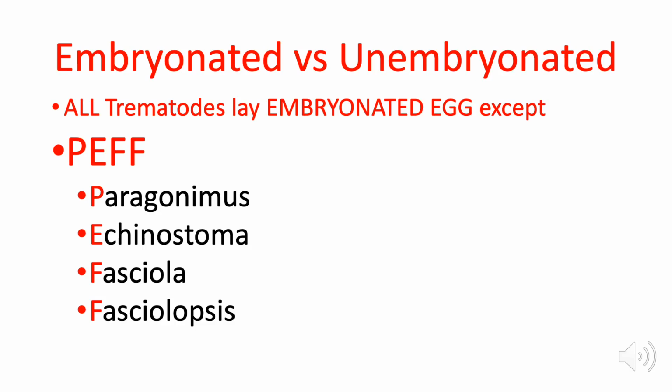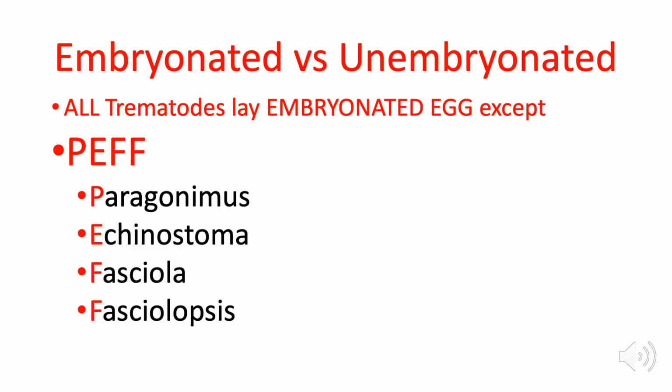With regards to the characteristics of their eggs, I want you to take note that some will produce embryonated ova, meaning once their ova come in contact with water, they will readily release the miracidium, while some will produce unembryonated ova, meaning the ova have to stay first in water for quite some time before they will be able to form the miracidia stages.